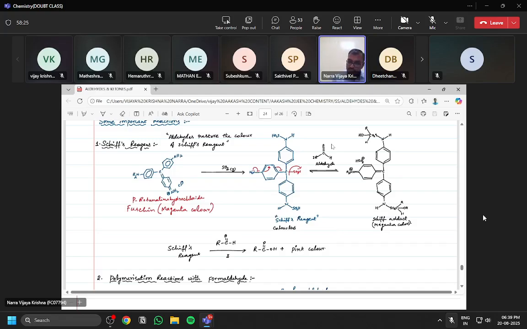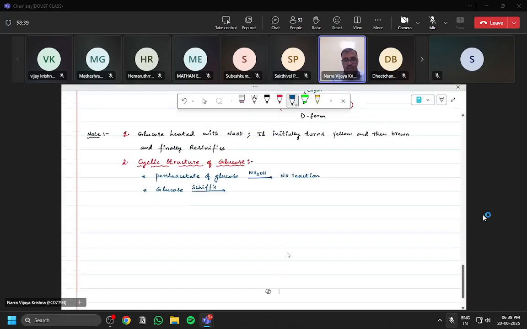This confirms the presence of aldehydes. We call this the Schiff's test. If glucose has an aldehyde group, then the magenta color of Schiff's reagent should be restored. But glucose fails to restore the color. So with Schiff's reagent, no reaction, meaning the aldehyde group is not free.